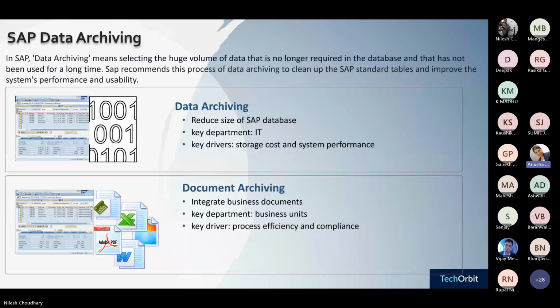Based on our experience and client feedback, many clients have achieved a 50% drop in their database size. If their original database size is around 6 terabytes or 10 terabytes, which is giving them a nightmare in terms of performance issues, then post data archiving they have come down to 5 terabytes or lower. That helped them to reduce storage cost and improve overall system performance.